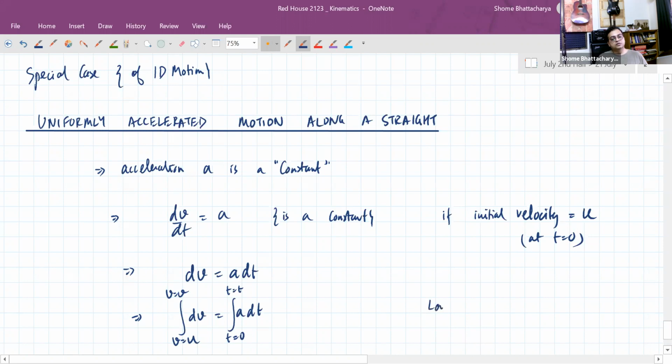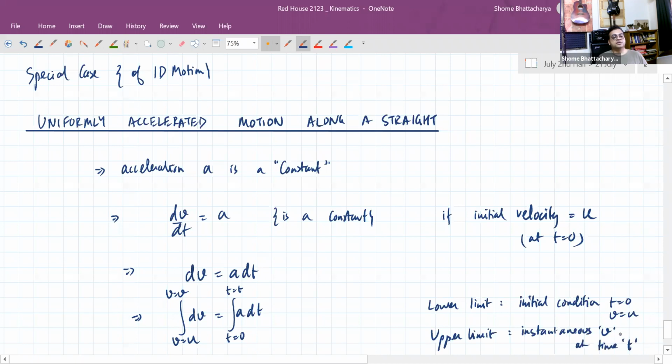So the lower limit is the initial condition, t equal to 0, v is equal to u. The upper limit is the instantaneous value at the instantaneous time t.